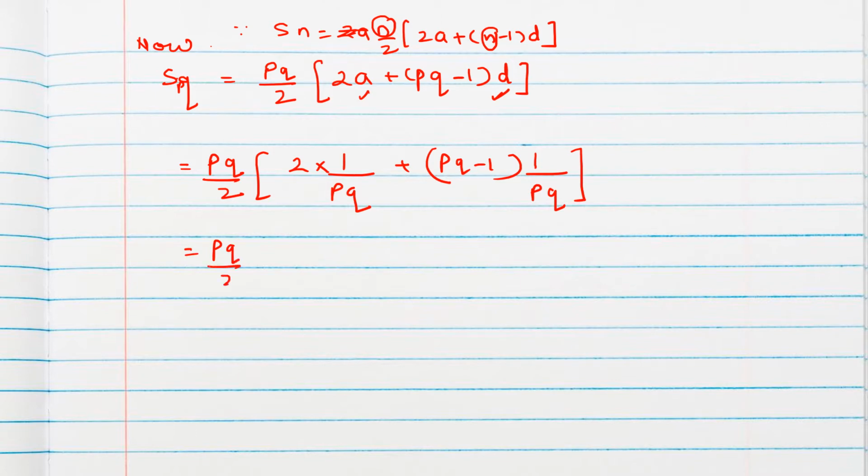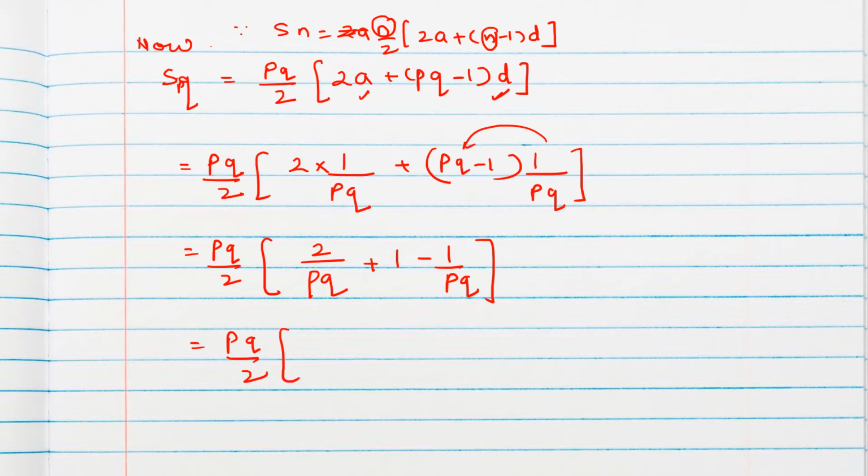So PQ by 2. Here it will be 2 by PQ. From this 1 by PQ, we can open the bracket. So PQ by PQ means 1 only, minus 1 by PQ. Understood? PQ by PQ will go minus 1 by PQ.